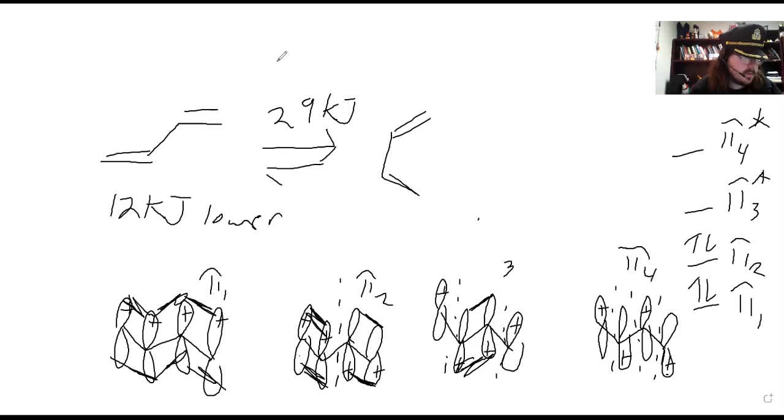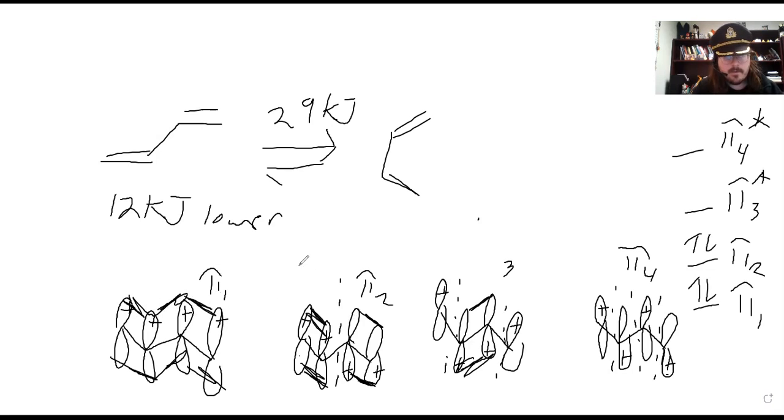And that is because we can convert our pi 1 to the pi 2. In the pi 1 structure, there is no free rotation allowed, because as soon as you rotate at all from that structure, you no longer have a complete uninterrupted bond.